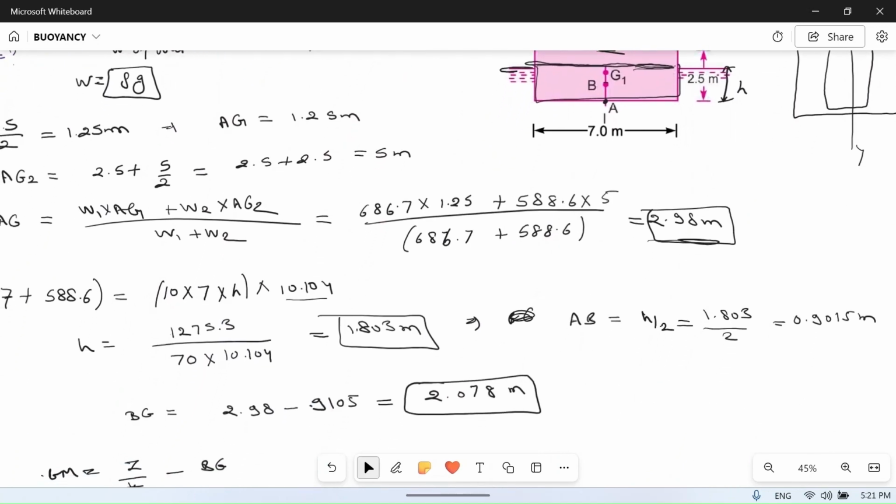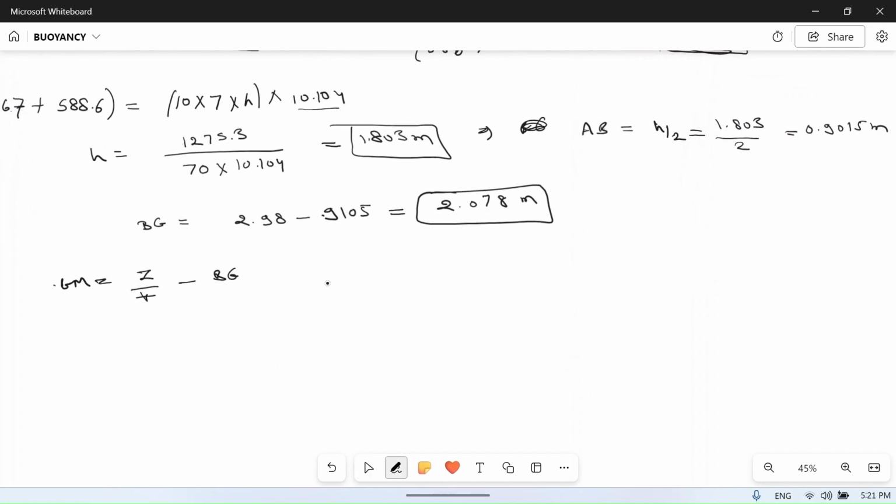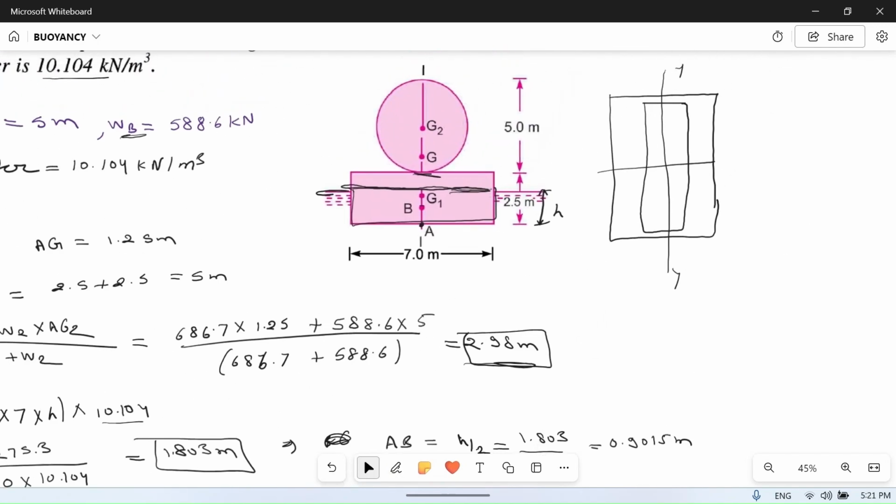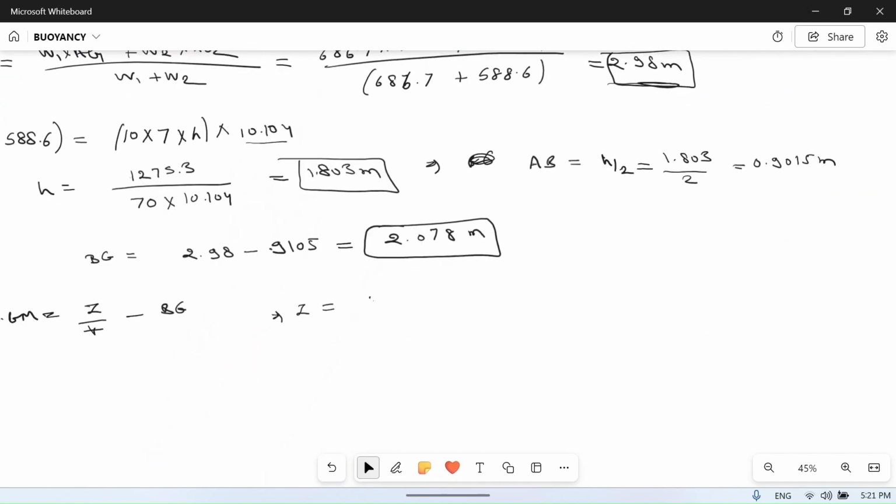So I will be equal to B H cube by 12. In this case this length will become B, so it is 10, it is 7, so 10 into 7 cube by 12. Okay, this is I.